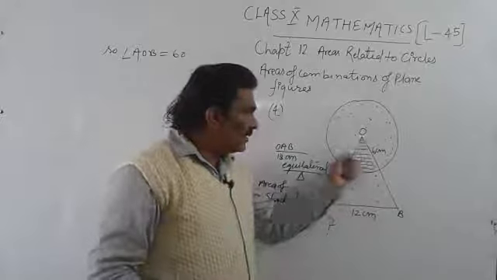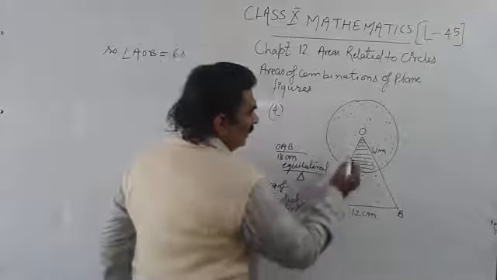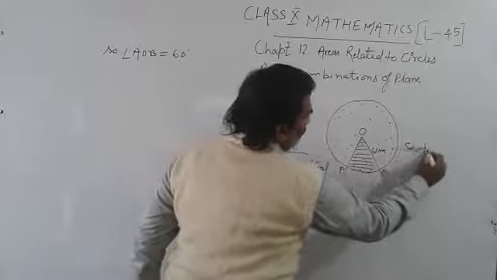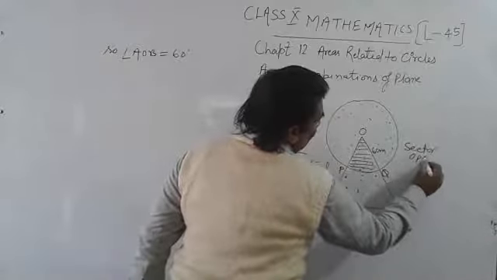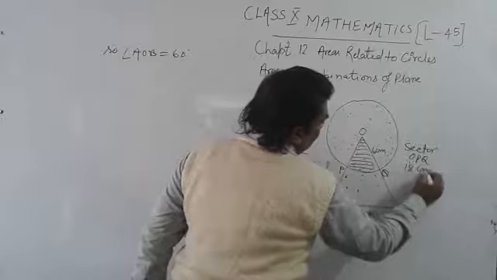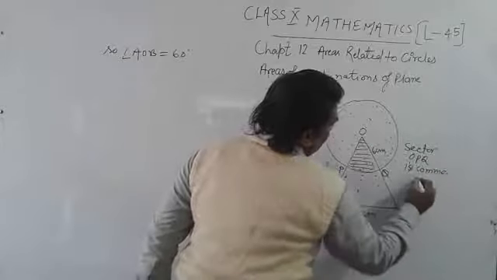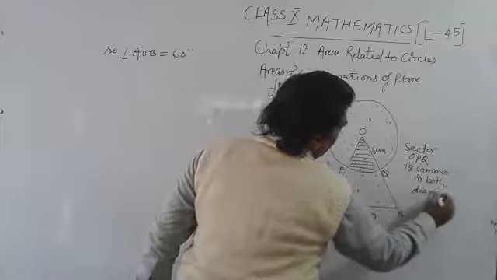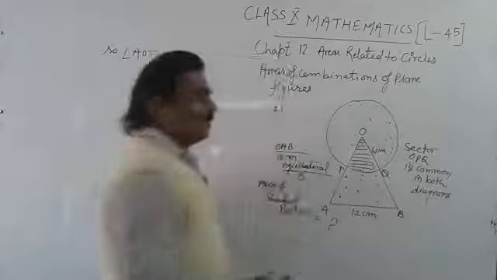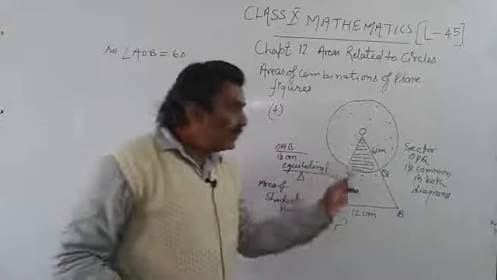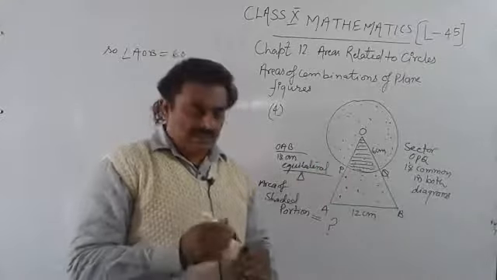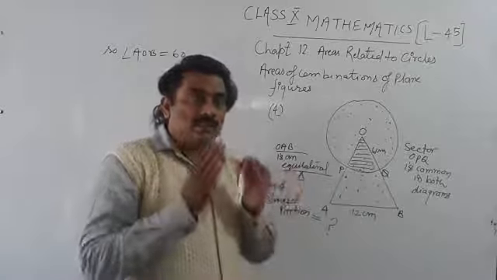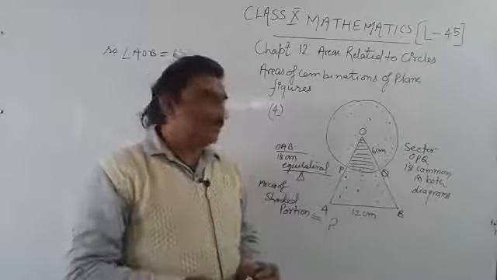So the sector we can name OPQ. Sector OPQ is common in both diagrams. Okay students, so we should take this area only one time, and if the sector is coming two times, then we should subtract it one time.